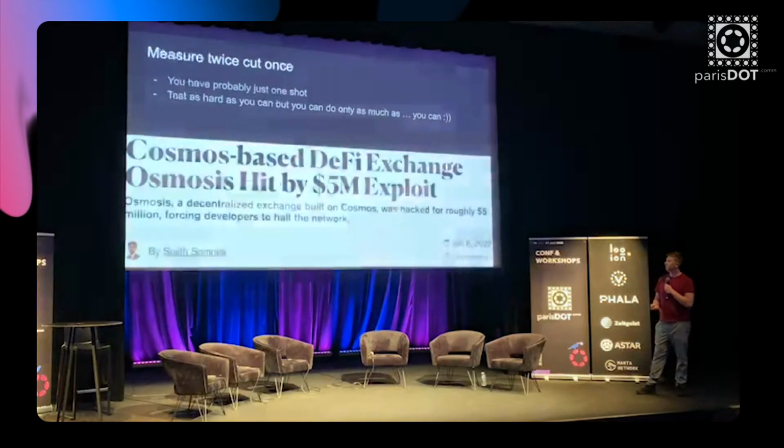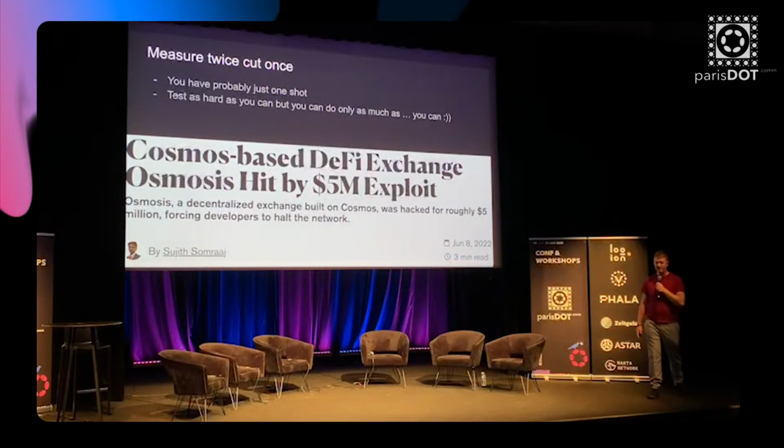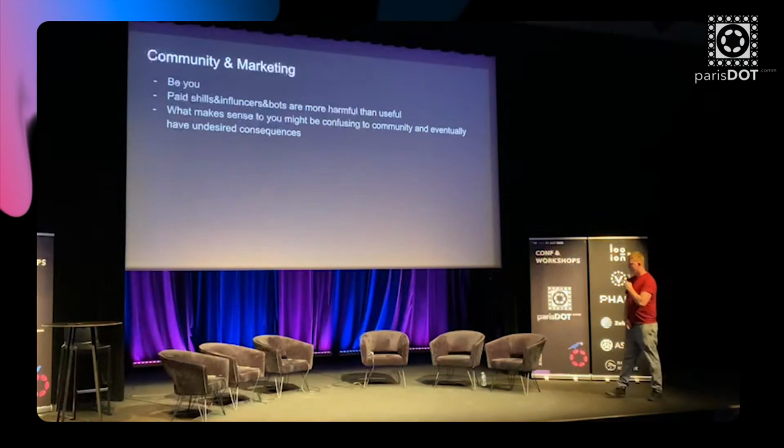And also obviously, you can test as hard as you can, and you can do as much as you can, but still there could be things out of your reach which can go wrong. So why do I want to cover community and marketing?